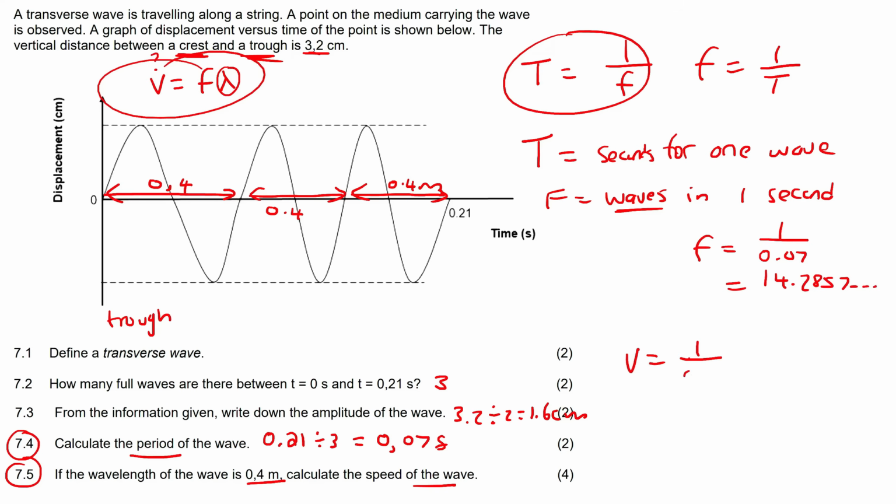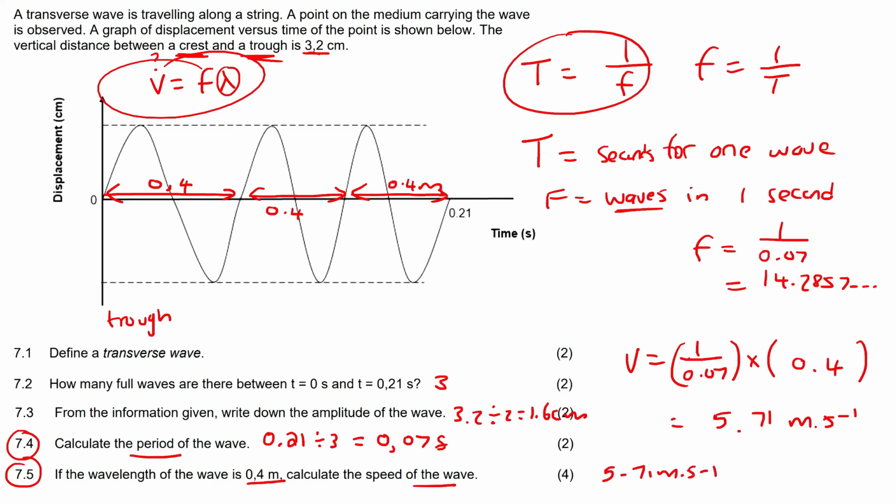We can actually just leave the frequency as 1 over 0.07. I just realized it's not going to be difficult to write it as a fraction like that instead of having to carry this. And then the wavelength is 0.4. Then you can type that all on your calculator, and then we can round to 2 decimal places. So 5.71, and that's going to be in meters per second.